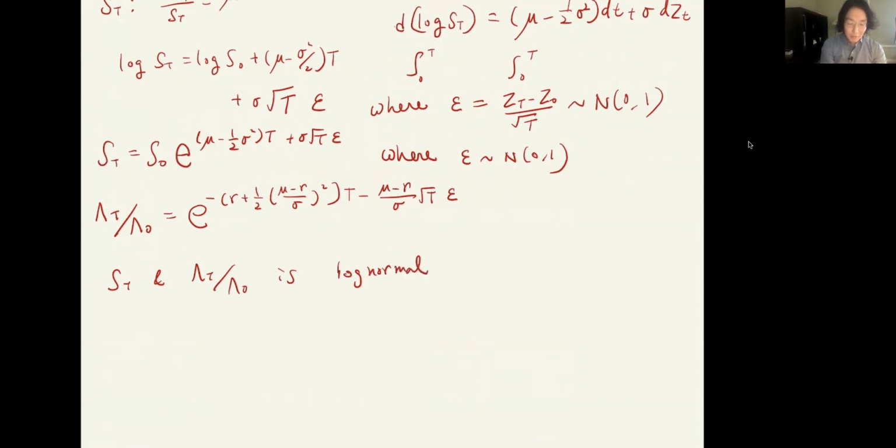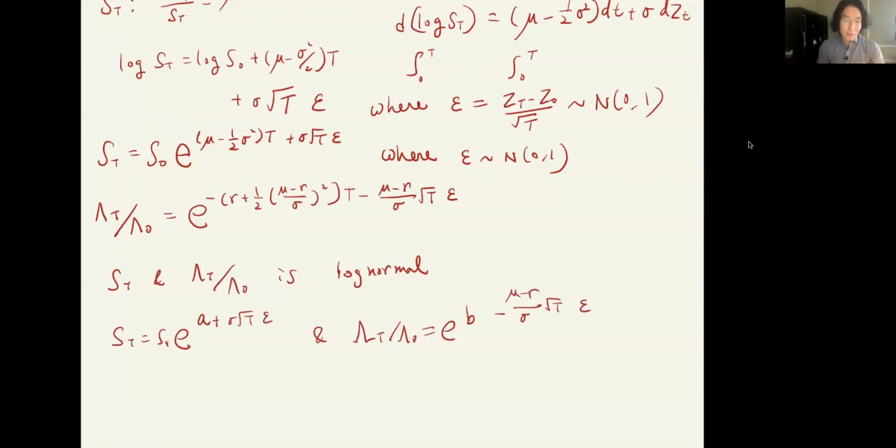In other words, if you look at ST, ST is simply S0 times e to the power of some constant plus sigma epsilon, and the stochastic discount factor is also e to the power of some constant minus something. Okay, so these are all log normal variables, so the calculations are possible.